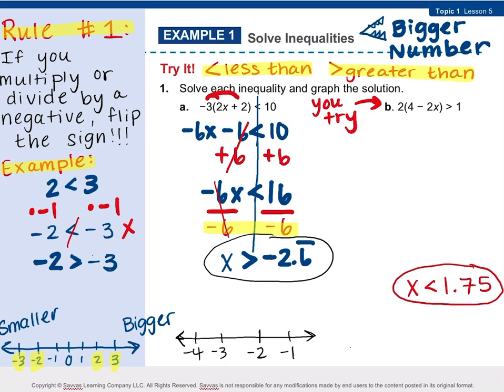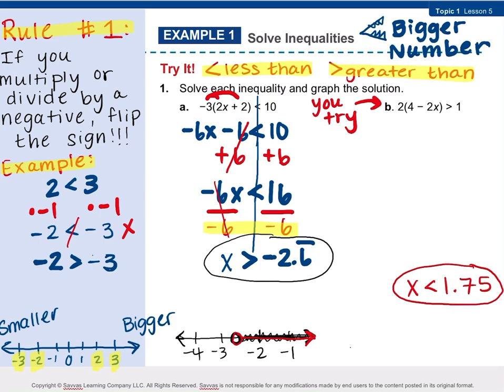Negative 2.6 is in between negative 2 and negative 3, slightly closer to negative 3. So an open circle, because it's greater than and not equal to. Then x is everything bigger than that, so I shade in everything greater than negative 2.6. Shade it or darken it or use a different color, however you want to show that. Open circle, x is greater.